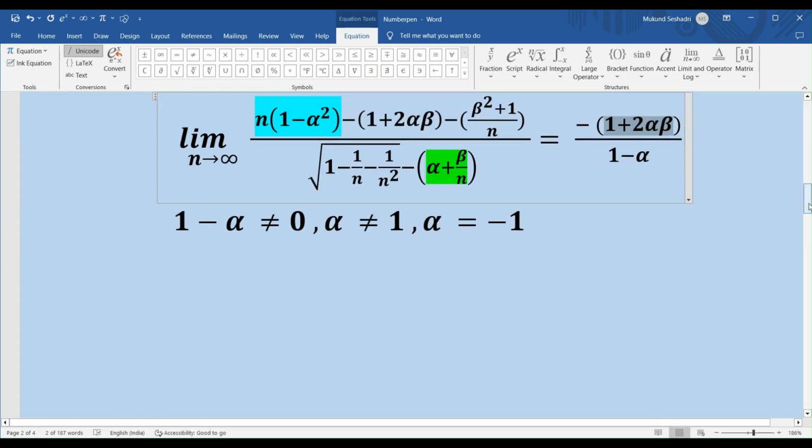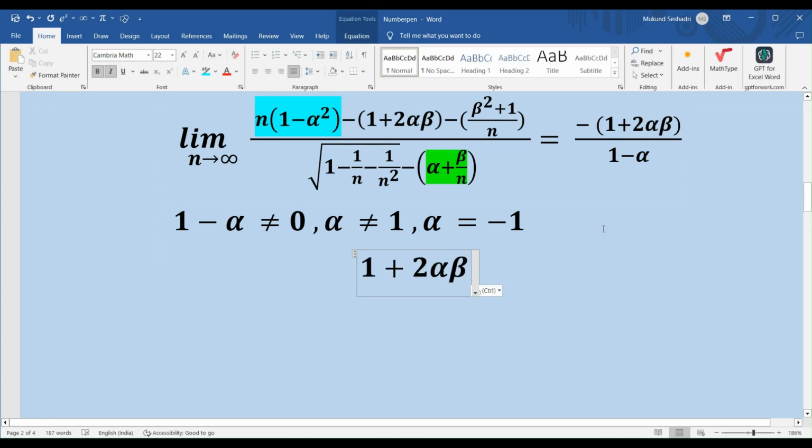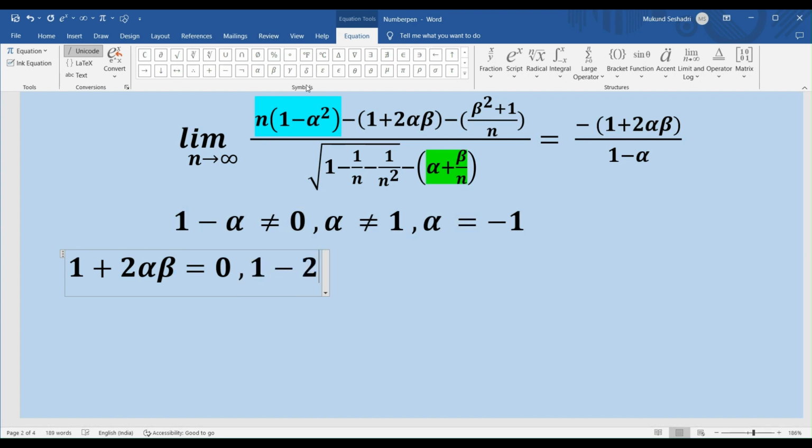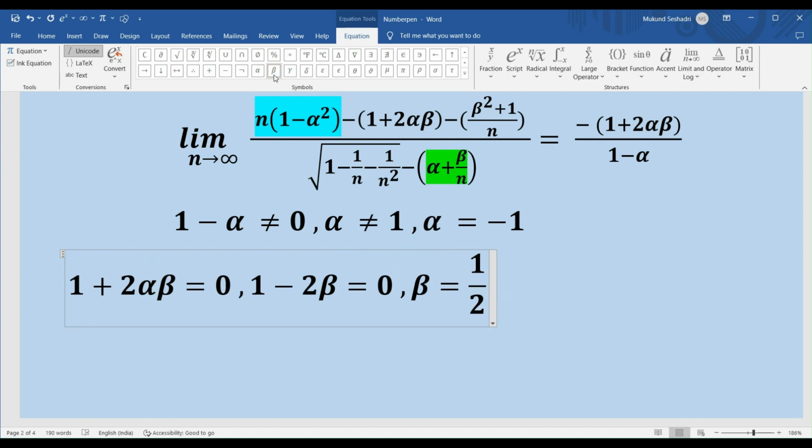So let's write that down as well: 1 plus 2 alpha beta equals 0. What does it mean? Substituting alpha equals minus 1, I get 1 minus 2 beta equals 0, which means my beta equals half.